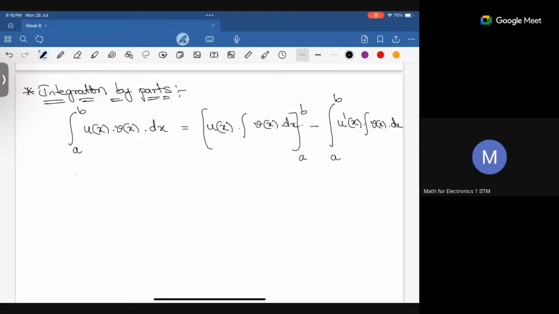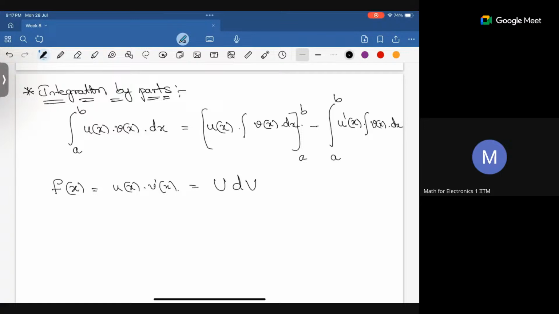So what can we do? Let us come from antiderivatives. Let's say you have some function f of x, which is u of x into v prime of x, or in other words, u dv: the first function times the derivative of the second function.